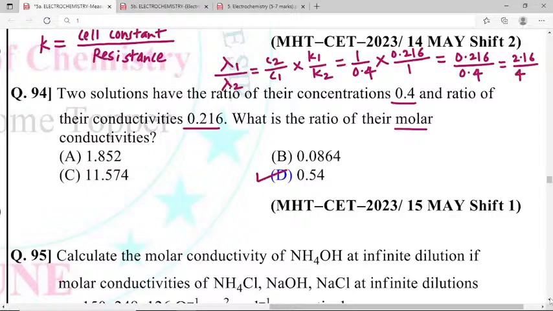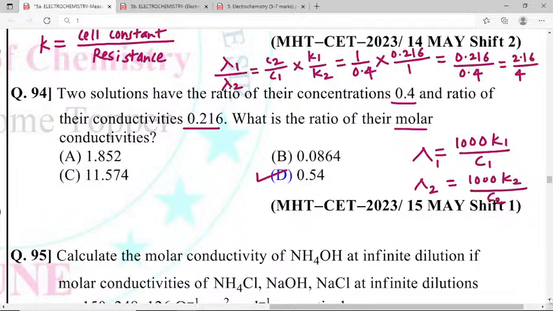So 0.54 is your answer. Use this formula: lambda is equal to 1000 K by C. So this is lambda 1 with K1, C1, and lambda 2 is equal to 1000 K2 divided by C2. Then take the ratio.